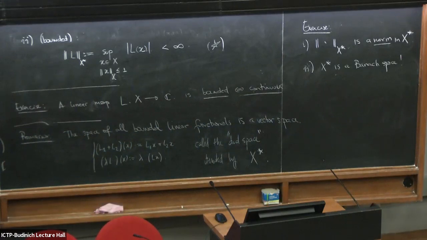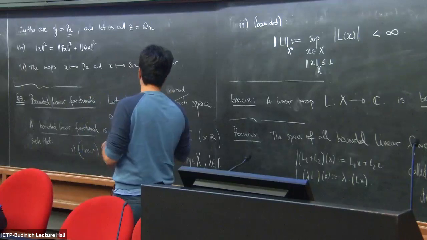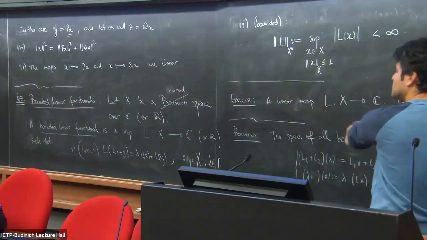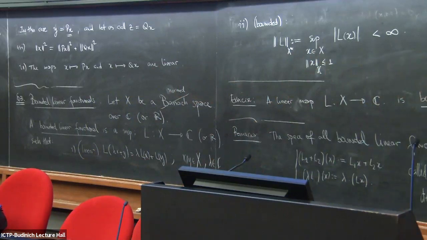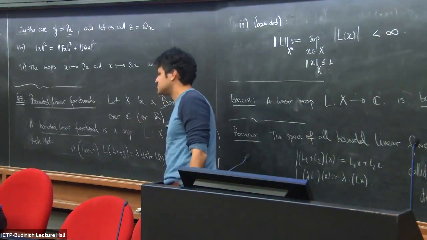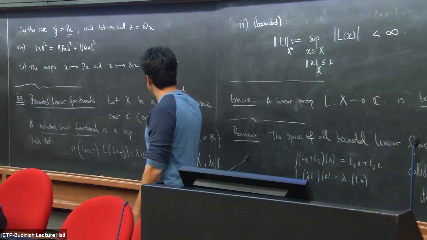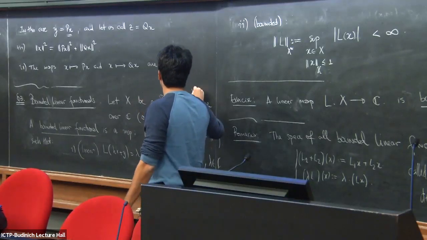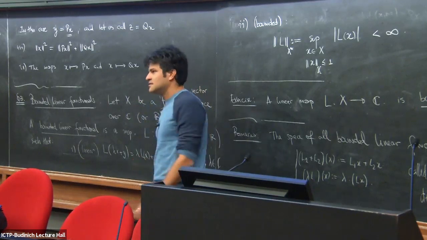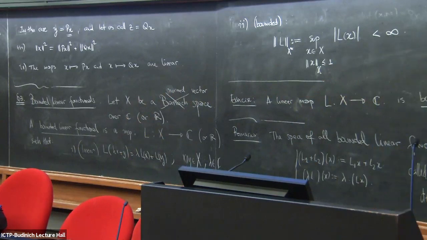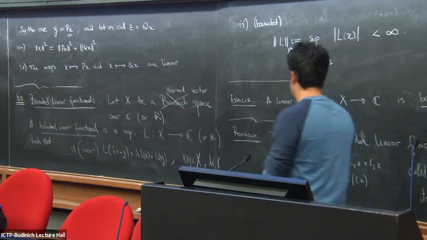You can do the same discussion here with X being a normed vector space, and your dual will always be a Banach space, because the property of the dual being a Banach space is more related to the field of scalars being complete. So forget that X is a Banach space, and just consider X being a normed vector space. You will prove these two exercises in this homework.